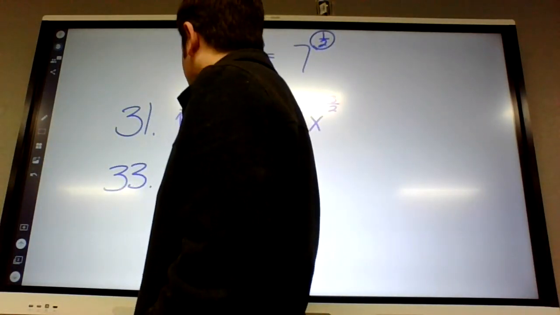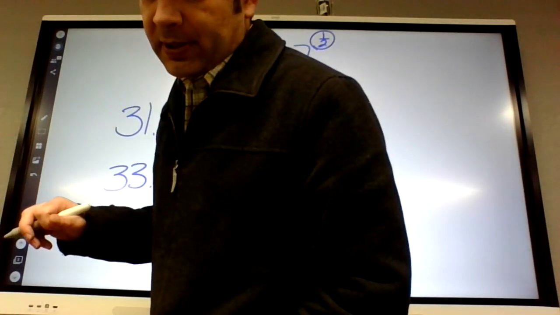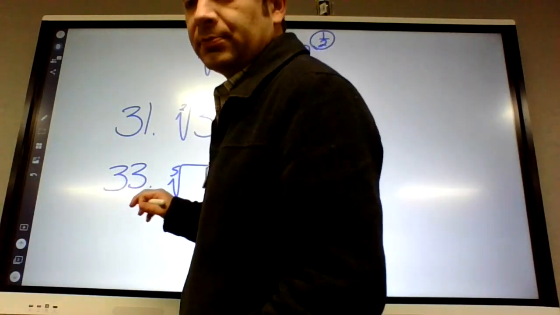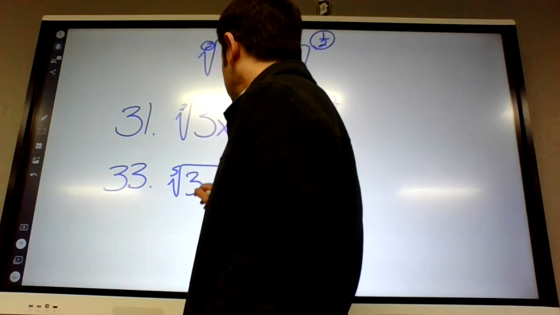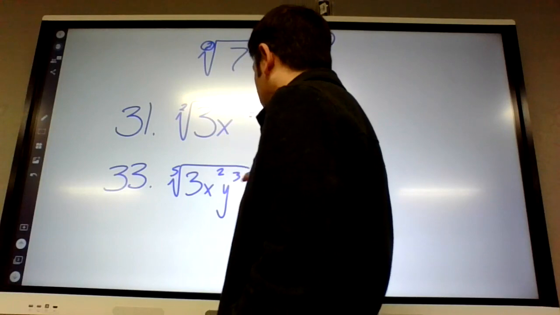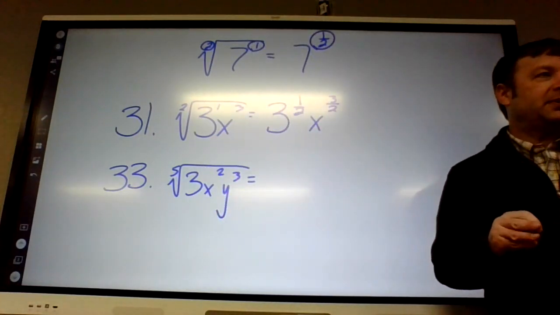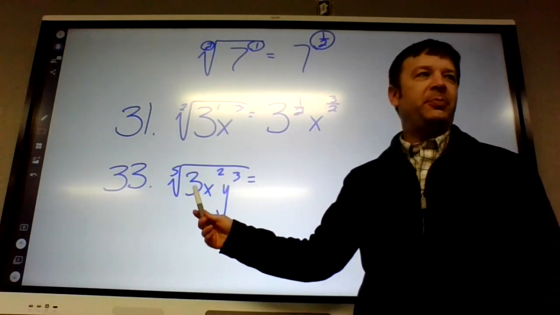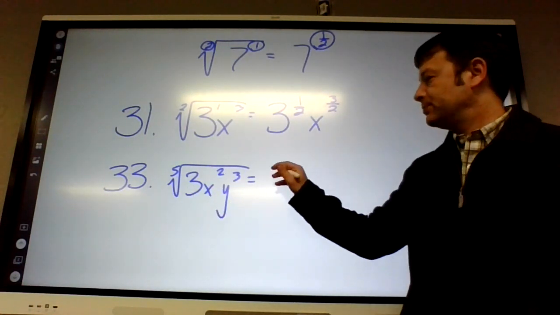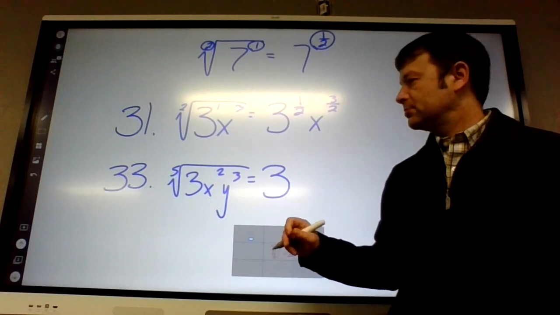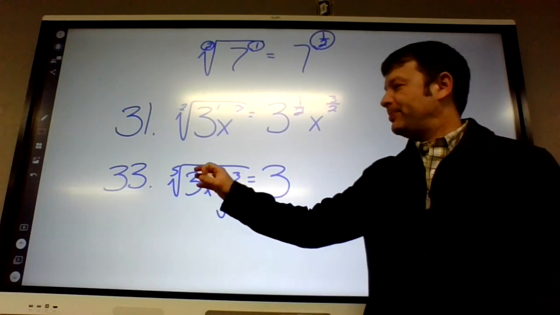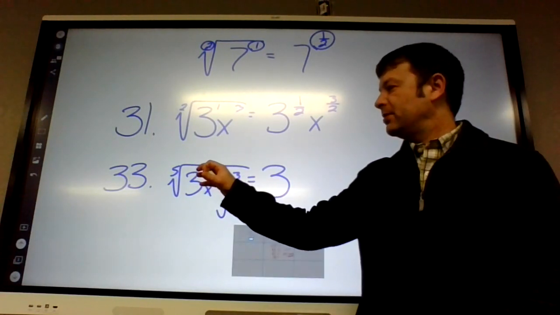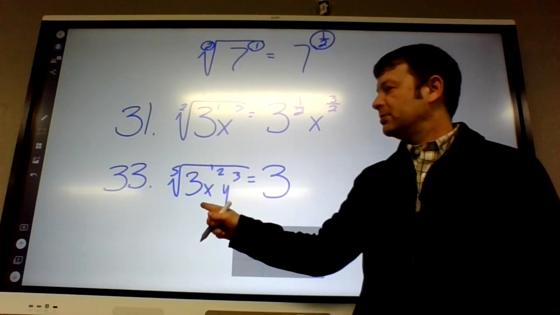Okay, 33 actually has a root written. 3x squared y cubed. All right. This is going to be 3 to the what? What's the invisible power right here? One.